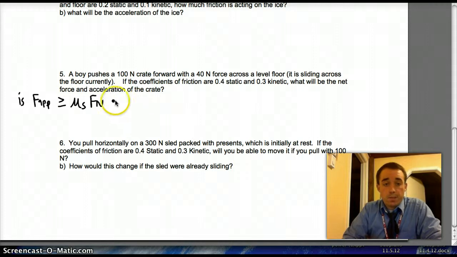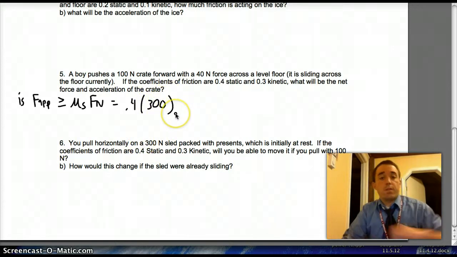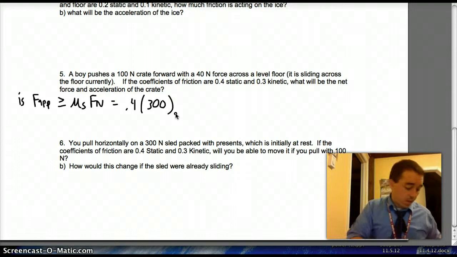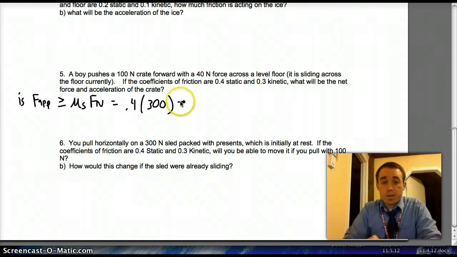So, well, we've got to compare. What's our mu s? Our mu s is 0.4. Our normal force is 300. Because it's a 300 Newton sled, that's its weight. Its weight equals its normal force. So we have 300. Sorry for the noise, my dishwasher's running. 0.4 times 300, which is 120 newtons.